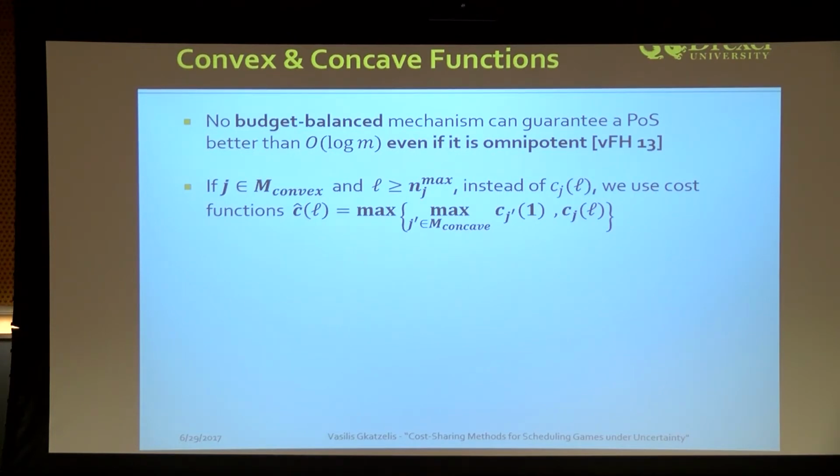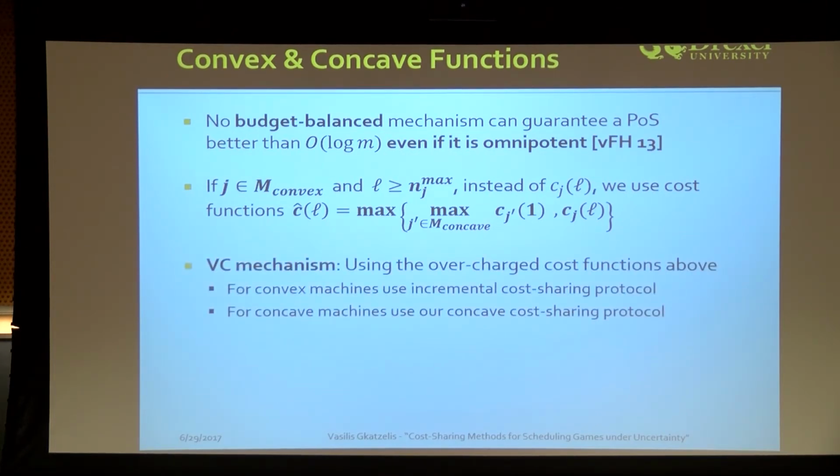Again, I don't have enough time to go into the details, but what we're doing is overcharging in a way that uses the structure of the optimal solution, because you know what the other machines in the system are. That allows us to use our previous mechanisms, the incremental cost sharing for convex machines and our concave cost sharing for concave machines.